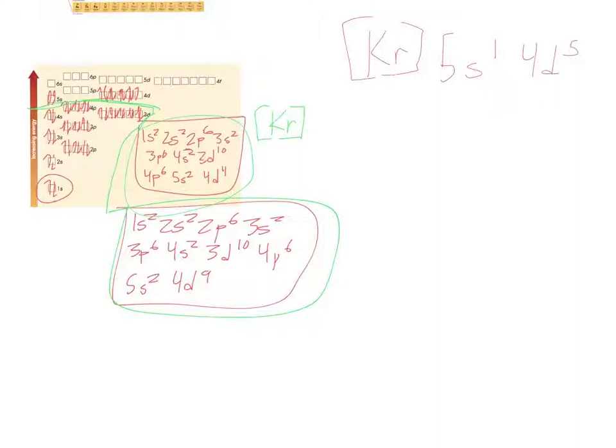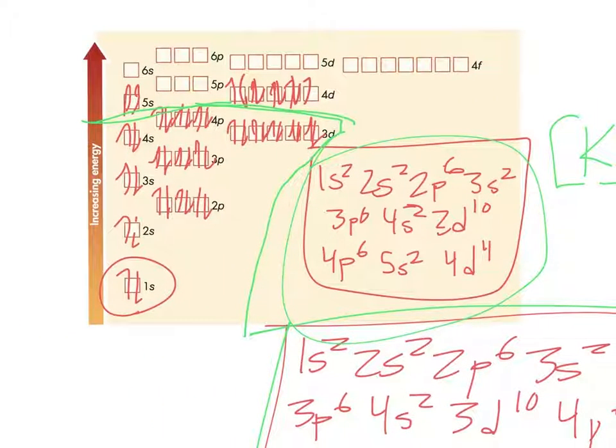That's because electron orbitals are more stable half full than any other configuration, except for if they're fully full. So that's why this 5s right here, let me zoom in again, let me get a different color. This 5s right here had two, one right here and one right here.